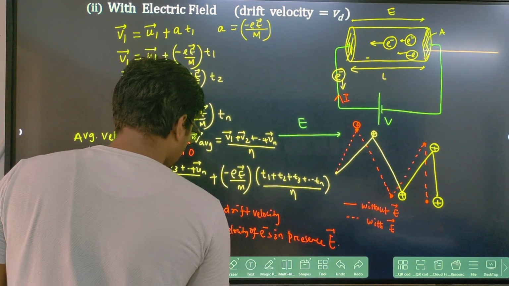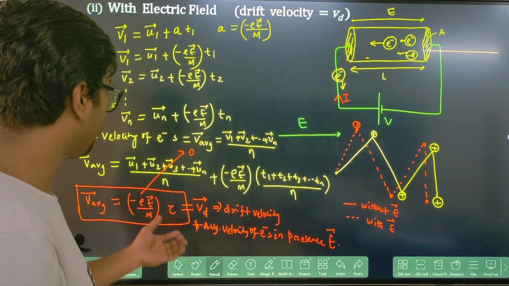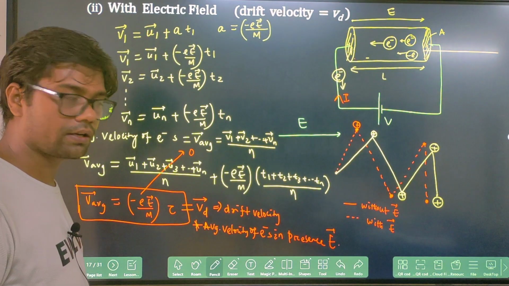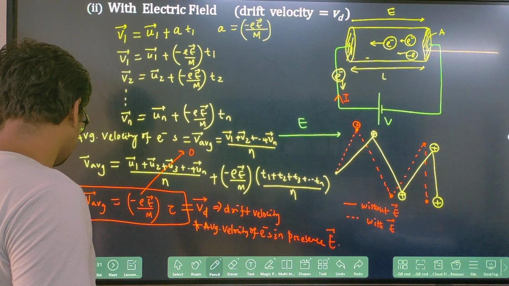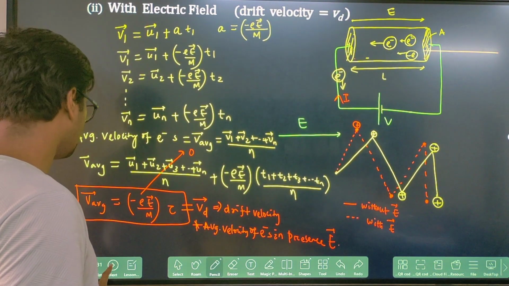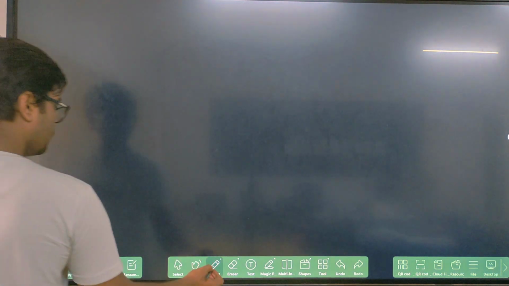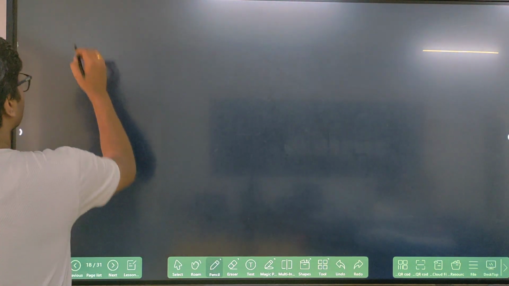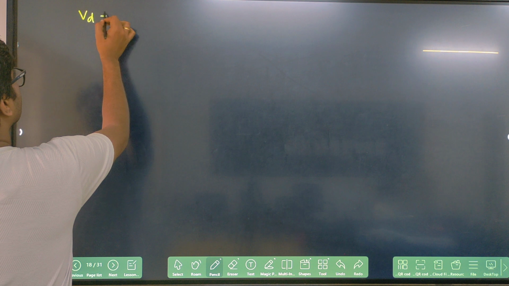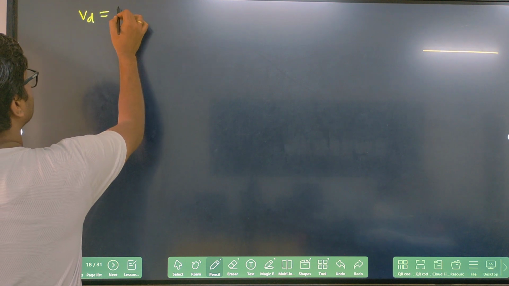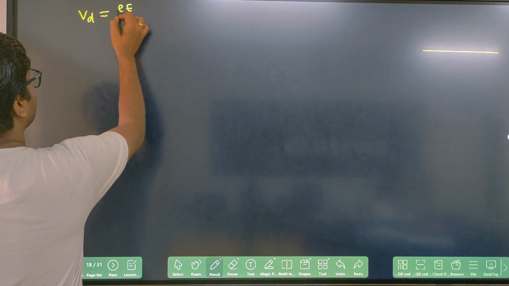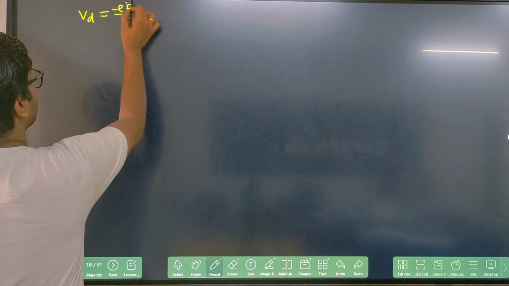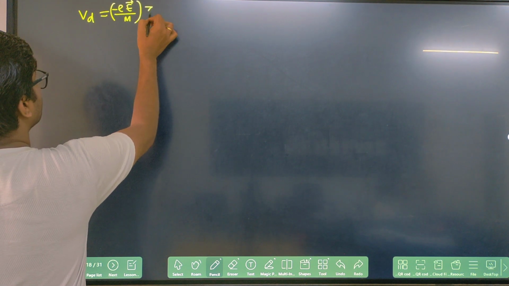This is called your drift velocity or average velocity of the electron, right? So what relation did we get here? We got Vd or V average is equal to minus eE divided by m into tau.